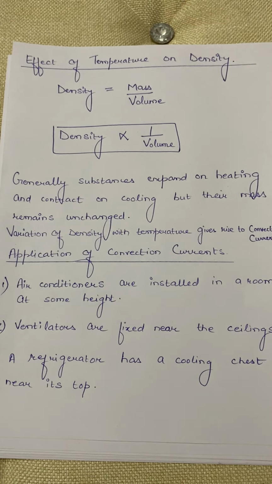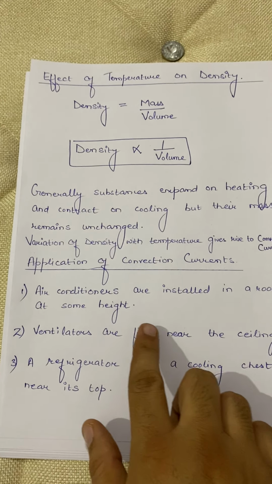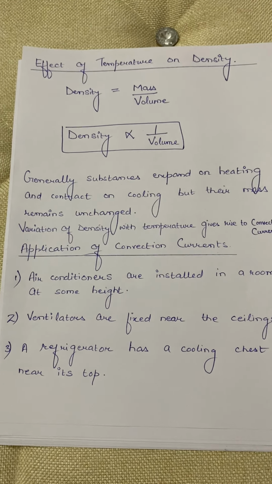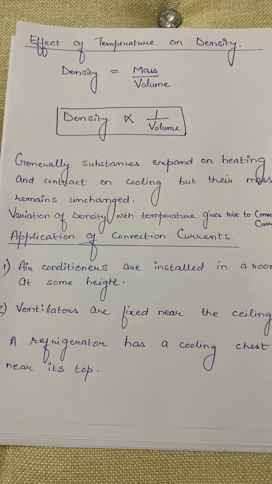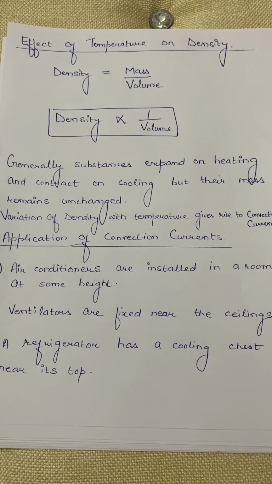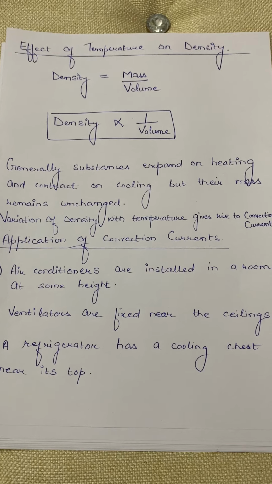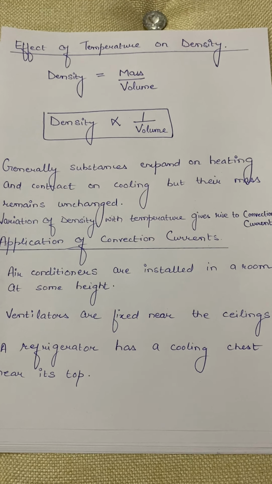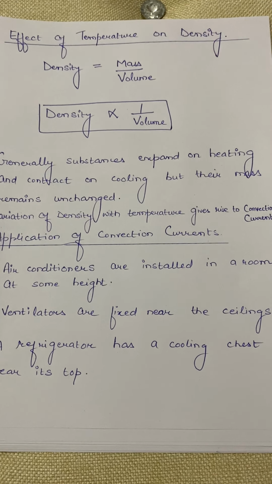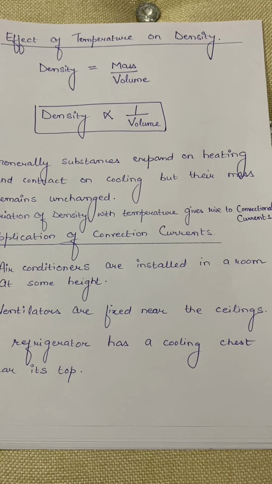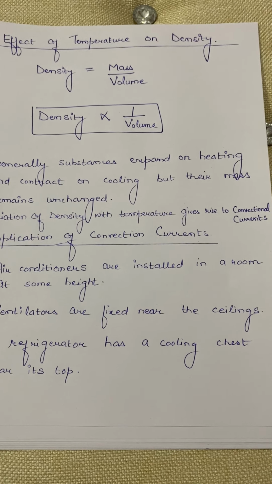Then the second one, ventilators are always fixed near the ceilings. Again, an application of convection currents. Why are the ventilators fixed mostly near the ceilings? The basic reason is that when we breathe out in a room, the surrounding air becomes warm and impure.